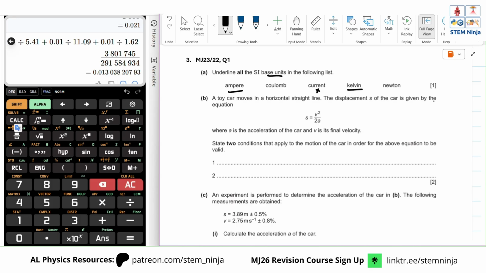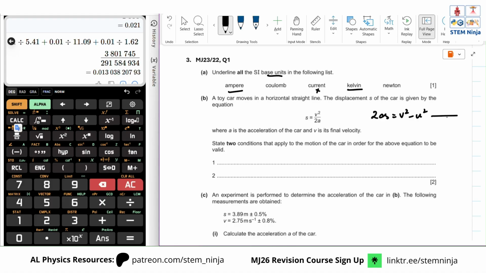A toy car moves in a straight horizontal line. The displacement s of the car is given by the equation, where a is the acceleration, v is its final velocity. State two conditions that apply to the motion of the car for the above equation to be valid. So remember, this is actually coming from v squared minus u squared equals 2as.